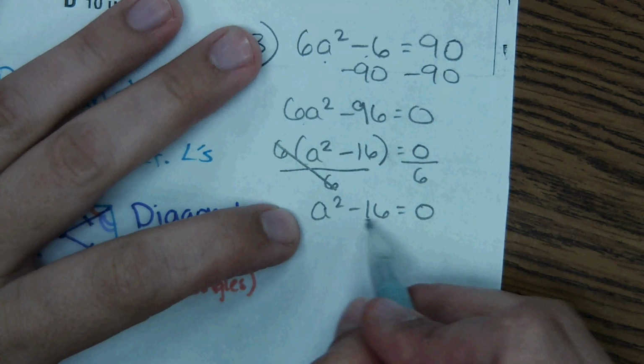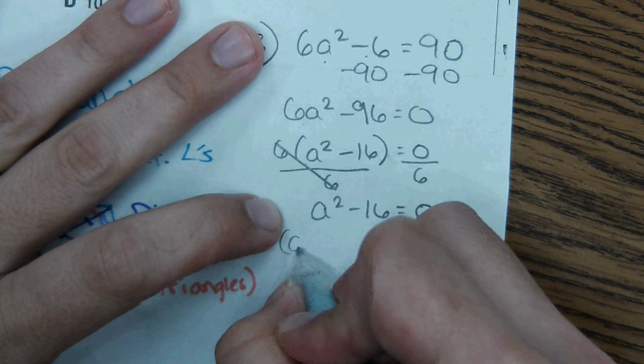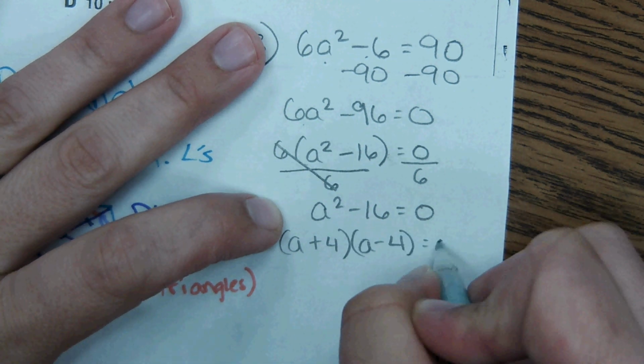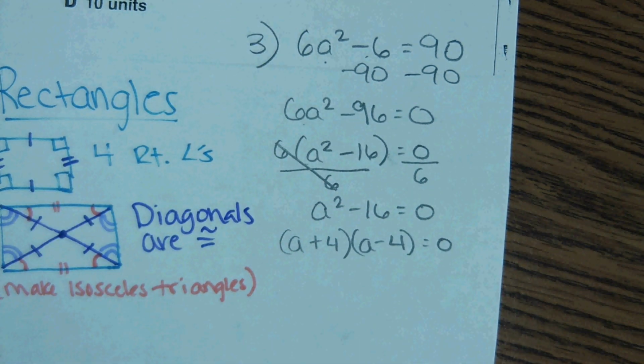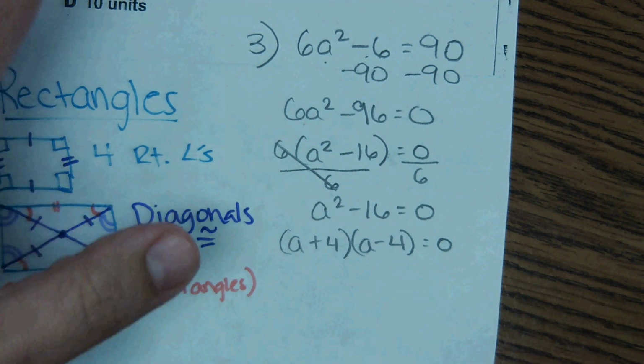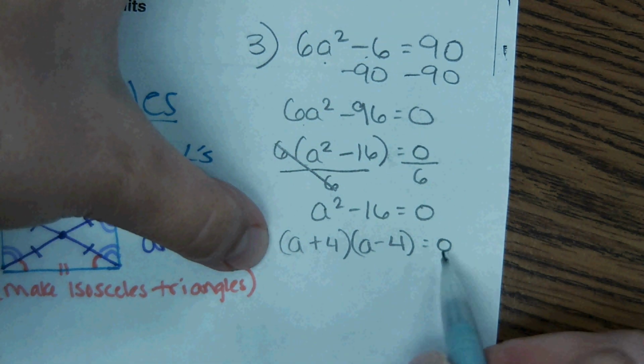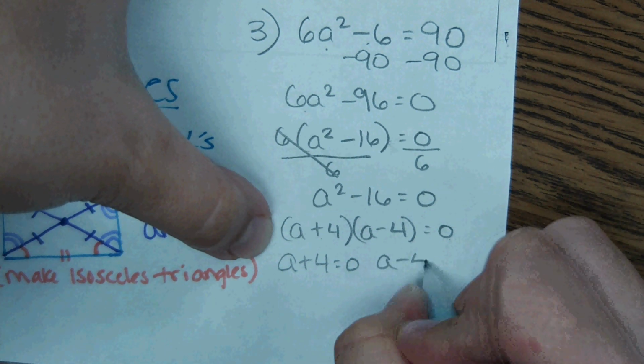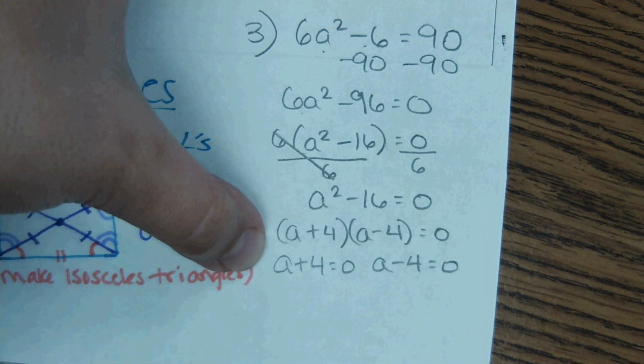And then the two factors for this would be a plus 4, a minus 4 equals 0. And then from here, we're going to use the zero product property and set both of these equal to 0. So a plus 4 equals 0, a minus 4 equals 0, and solve for a.